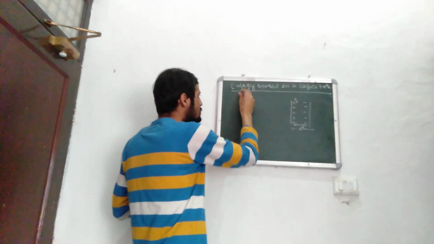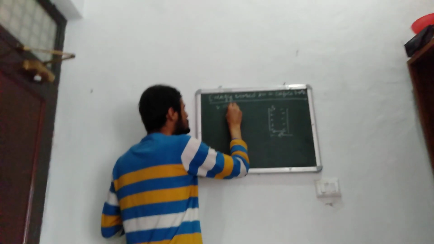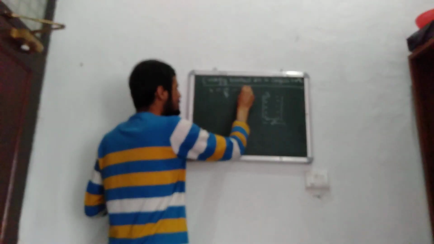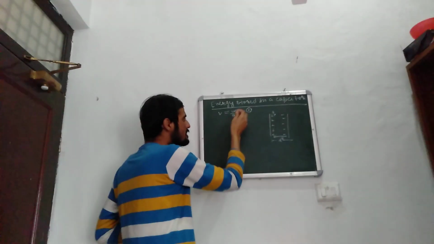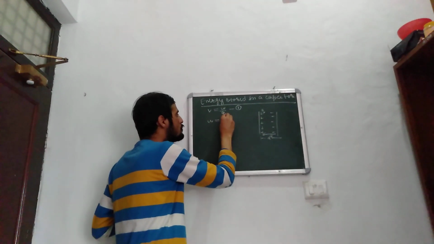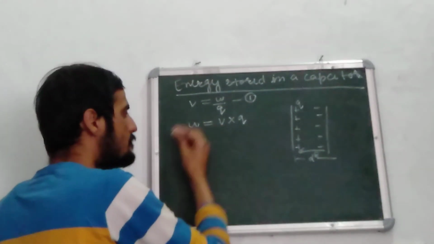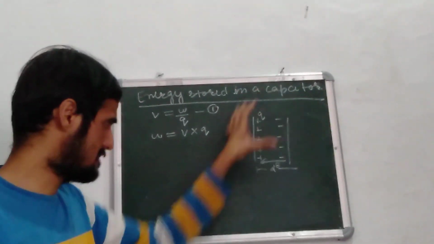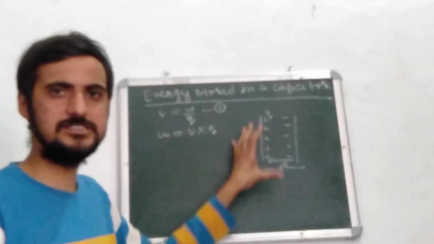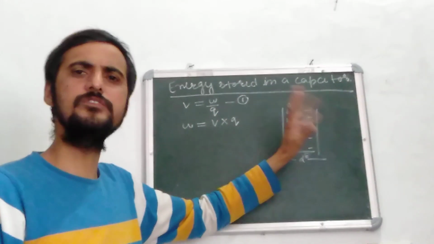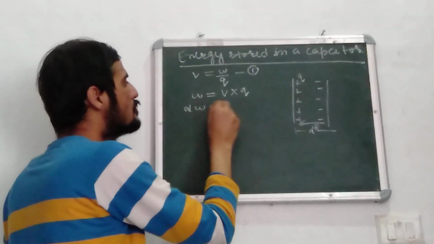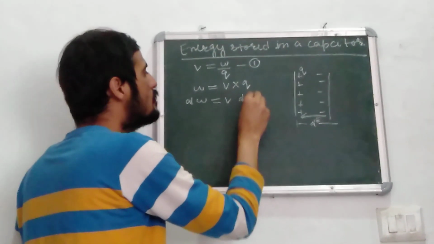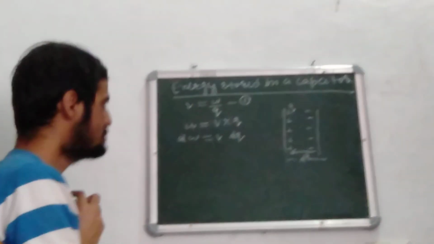As we know, potential is equal to work upon charge. That is equation number 1. This equation can also be written as W is equal to V multiplied by Q. This is a parallel plate capacitor with many charges, so we consider a small work done: dW is equal to V dQ.